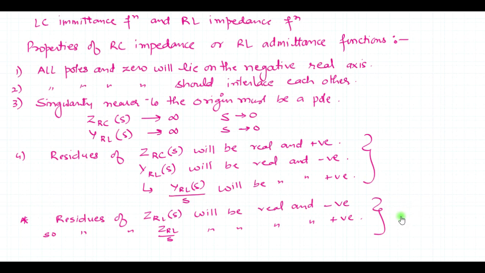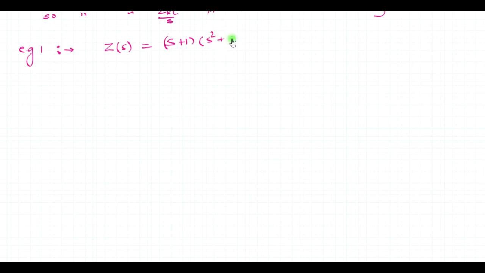Let us discuss some numericals based on it. So we have this function where Z(s) is equal to (s plus 1)(s square plus 2) divided by (s plus 3)(s square plus 4), and we are required to check whether it is a ZRC function or not. We will apply the condition number 1. We will check whether all the poles and zeros of the given network function are lying on the negative real axis or not.